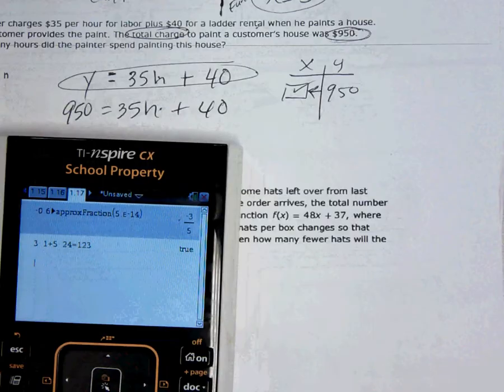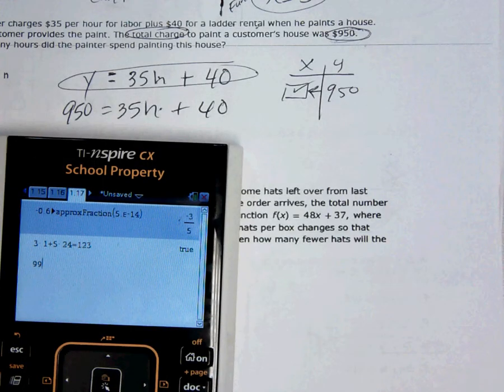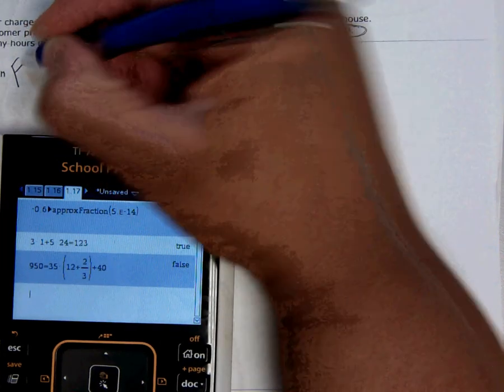So let's try that. $950 equals 35 times 12, and then control divide, 2 over 3, plus 40. Says false.